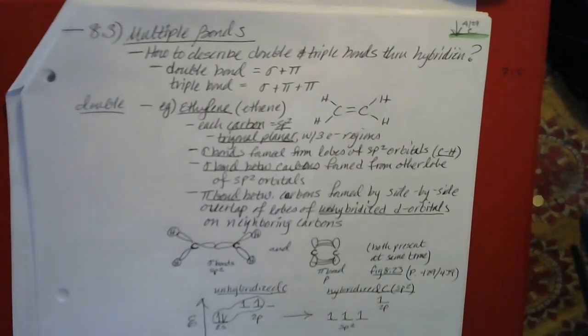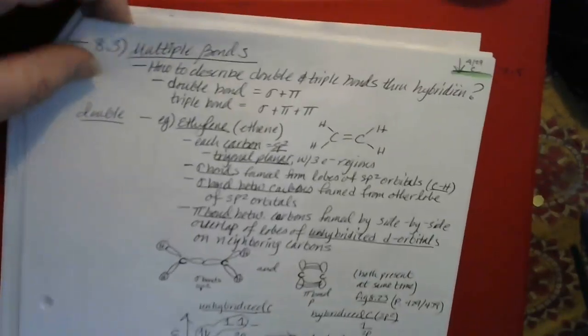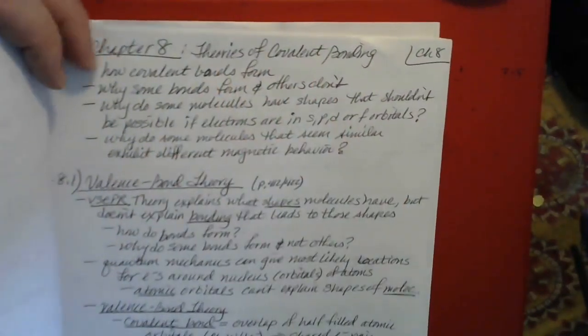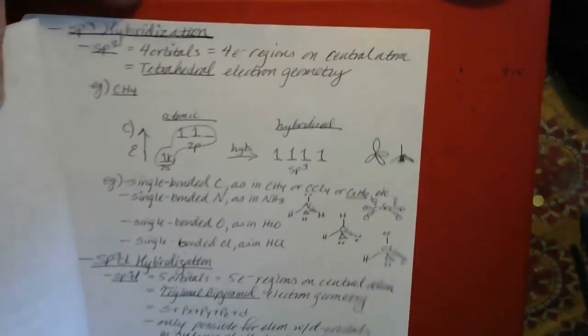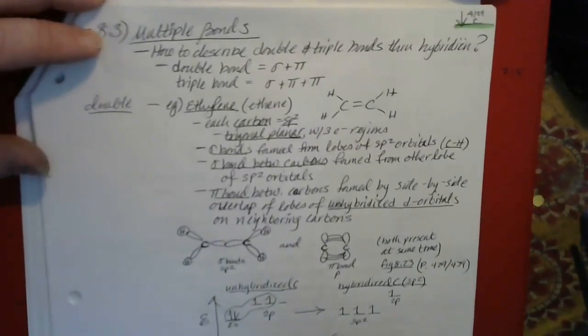In the spirit of actually getting it over with in this lecture, let's jump in where we left off. As a bit of a review, we're going over theories of covalent bonding, and we were saying how to account for the hybridization of atomic orbitals when atoms form bonds.